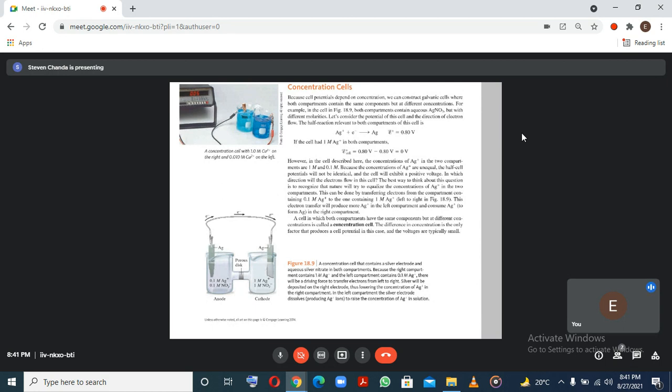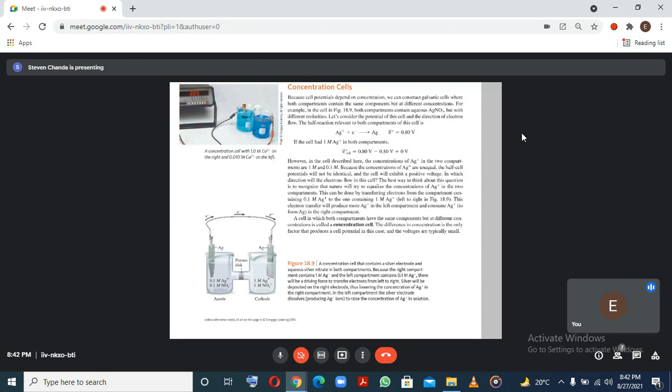Again, the concept here is almost like Le Chatelier's principle, right? So look at what's happening. The right has a lot of copper 2 ions. The left has fewer copper 2 ions. So in which direction should the electrons be flowing to try to equalize the copper 2 ions on both sides?